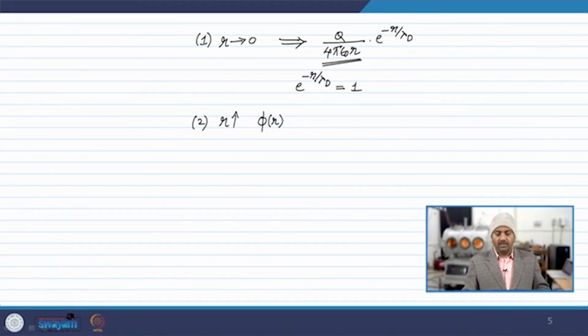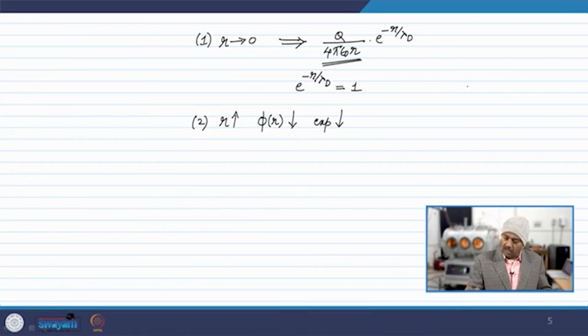Or when r increases, phi of r will decrease, and the exponential part e to the power of minus r by lambda d also decreases, isn't it? Q by 4 pi epsilon naught r. When r is increasing, the denominator is increasing, so the potential, the left hand side, will decrease, right.